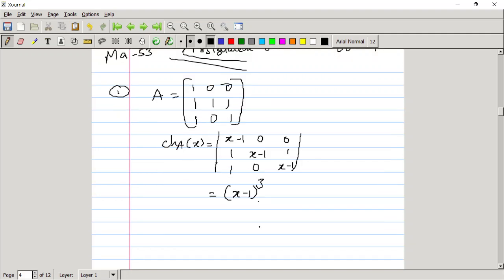This is nothing but (x minus 1) whole cube. So the eigenvalues are 1, 1, 1. So the algebraic multiplicity of the eigenvalue 1 is 3.